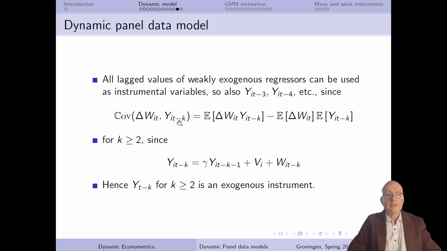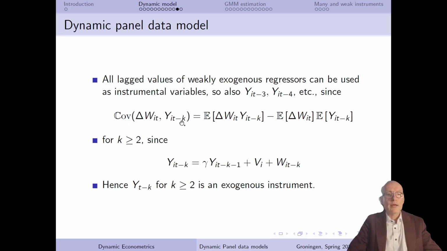Of course, if k is equal to 2, then the covariance of Δw_it and y_{it-2} is equal to 0. That's something we have already proven, but we now want to prove that this is the case for any k larger or equal to 2.